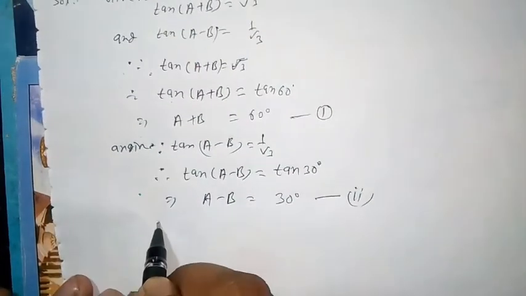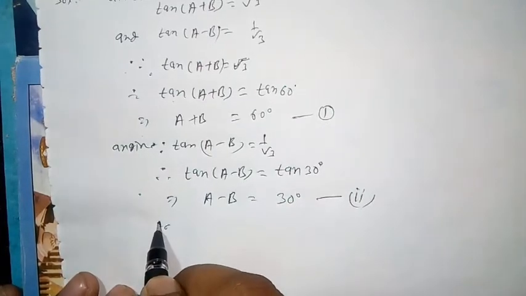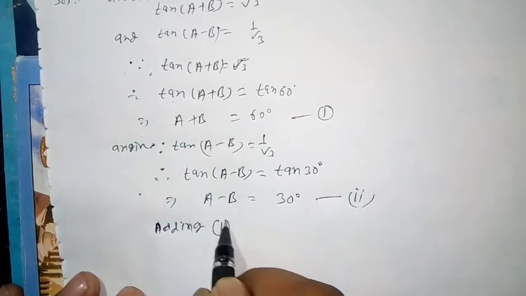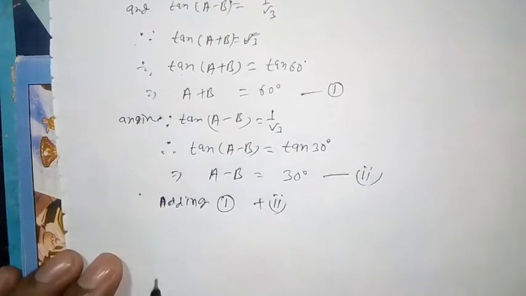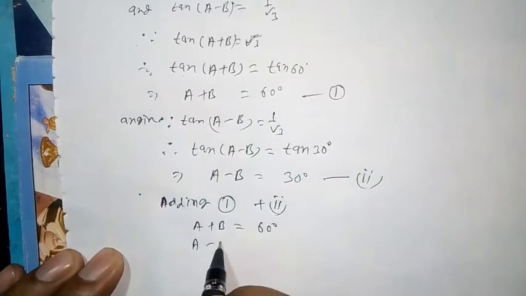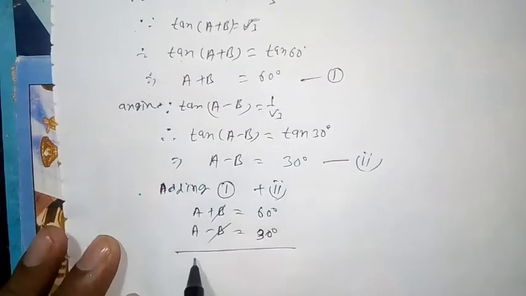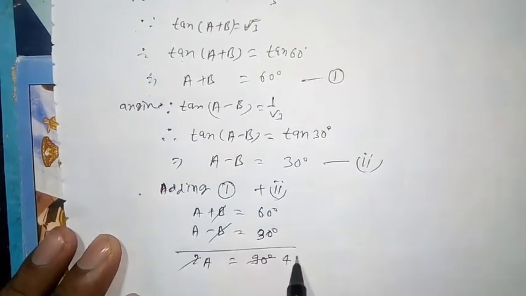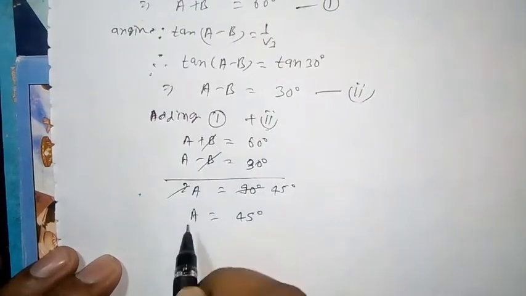Now I am adding equation 1 and equation 2. A plus B is equal to 60 degree, A minus B is equal to 30 degree. Then B cancels, 2A is equal to 90 degree. Dividing, I get A is equal to 45 degree.